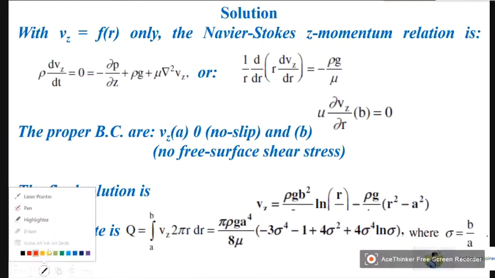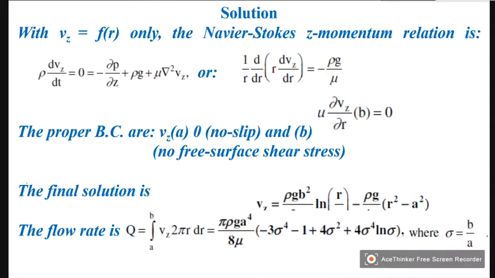So the boundary condition is Vz at r is equal to a is equal to 0. This is no slip. And the second boundary condition is this, at r is equal to b. So this is the second boundary condition.